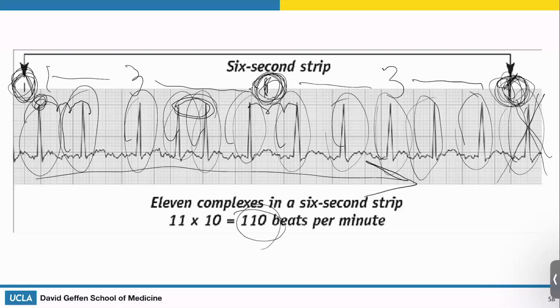Well, we know because that's greater than 100, this is going to be tachycardia. But this is irregularly irregular. And we don't see discernible P waves. And because of this irregularity, and that there's lots of these fibrillatory waves, this is actually going to be AFib.